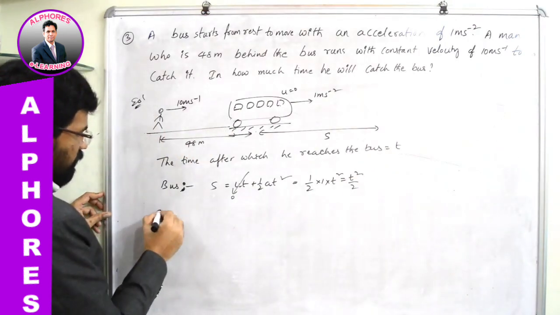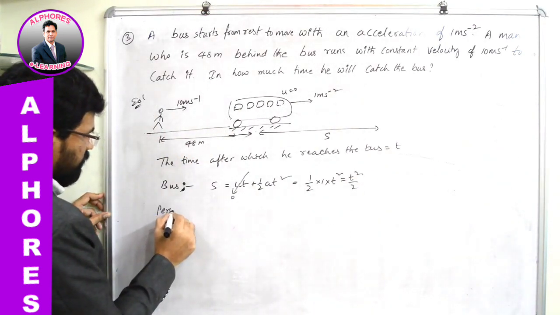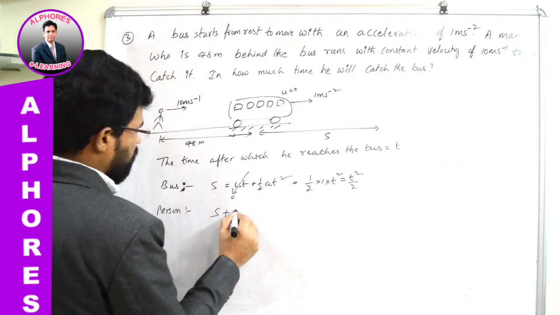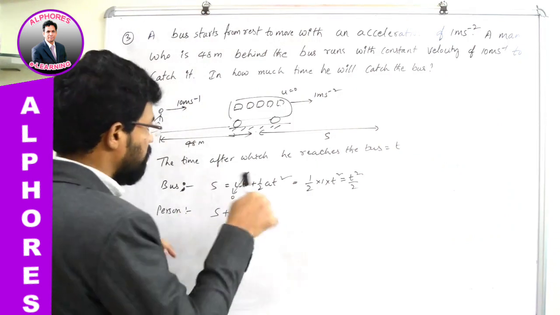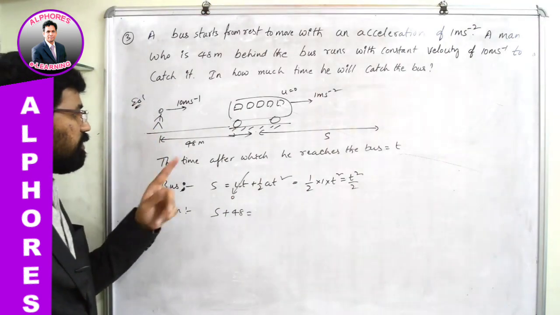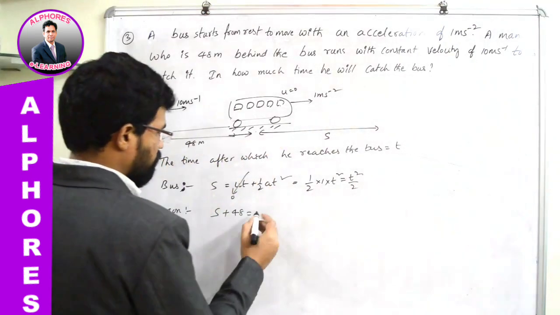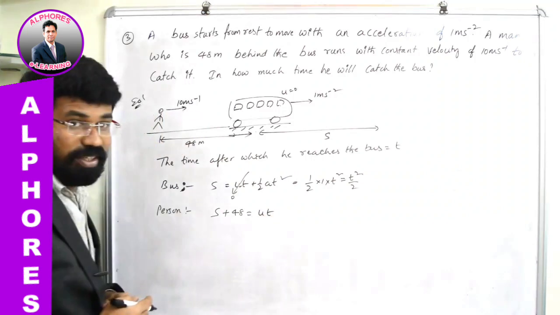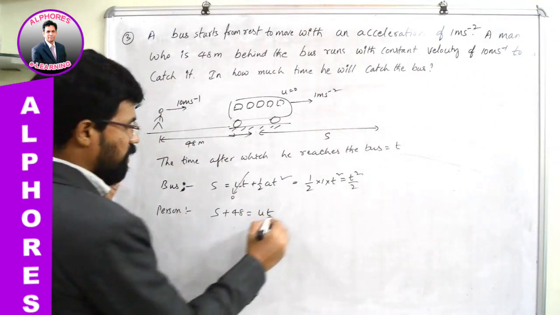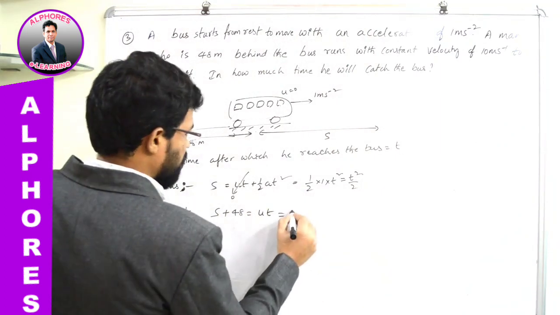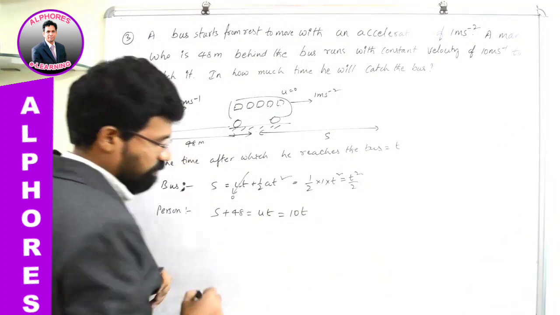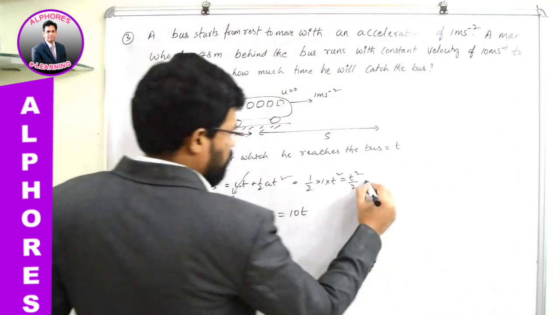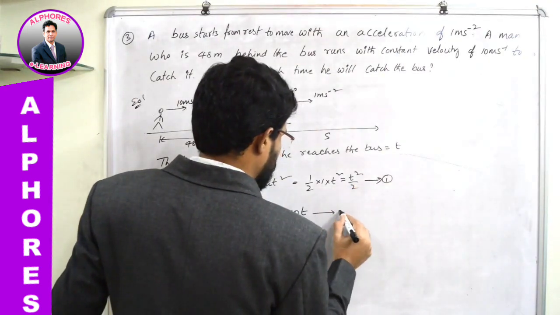And for the person, what is the equation? In the same time, the distance covered by this man is s plus 48. He is maintaining a constant velocity, right? That constant velocity u is given as 10 meters per second, so s plus 48 equals 10t. And this s can be replaced with t square by 2. I'll take this as equation number 1, this as equation number 2.